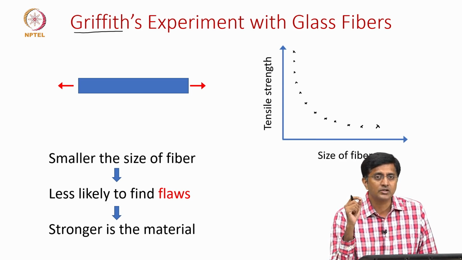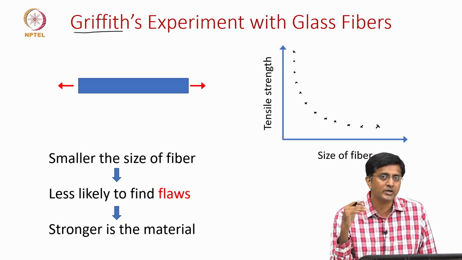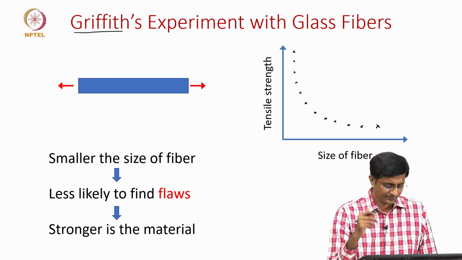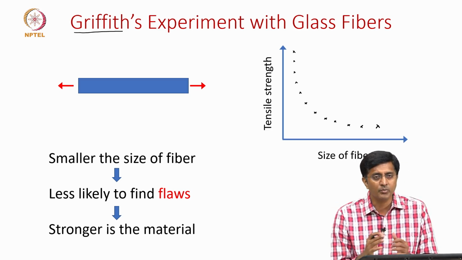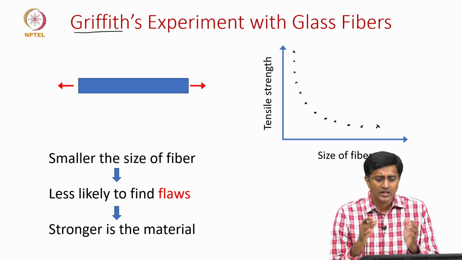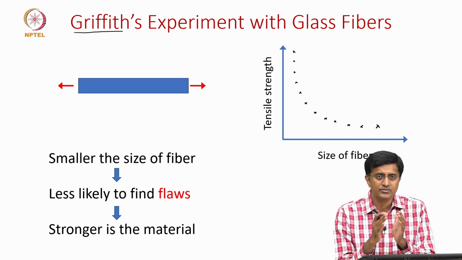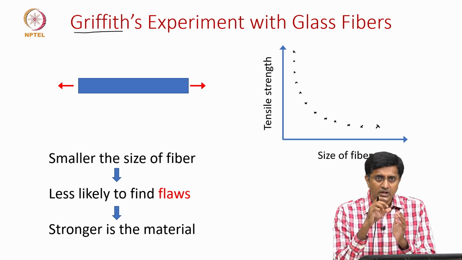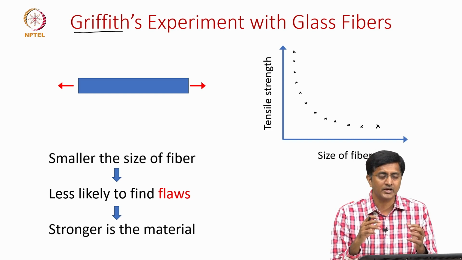They reduce the strength of the material, because there is a stress concentration at the flaw and the material fails much earlier compared to the theoretical calculations. So, the take home message from this slide is, as we decrease the size of these fibers, the likeliness to find a flaw is small, therefore, the strength is high.